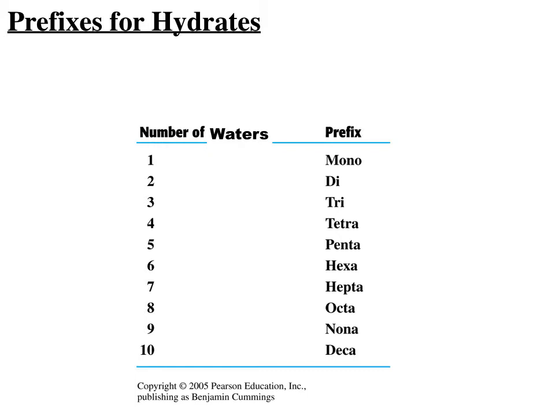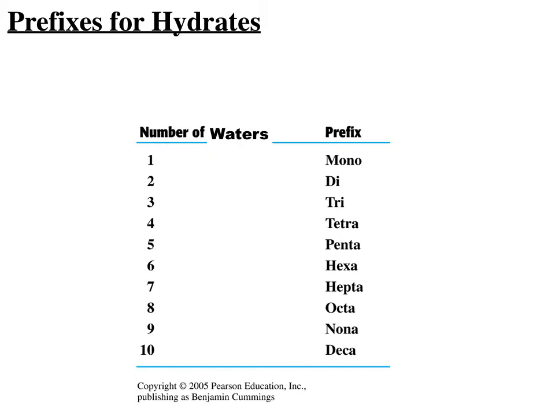I should point out that I think it's obvious these are fairly familiar prefixes that are used in a wide variety of language applications to indicate a certain number of things in an arrangement. Like an octagon, of course, is an 8-sided polygon, and a hexagon is a 6-sided polygon, and so forth. So these terms should be familiar to you anyways.